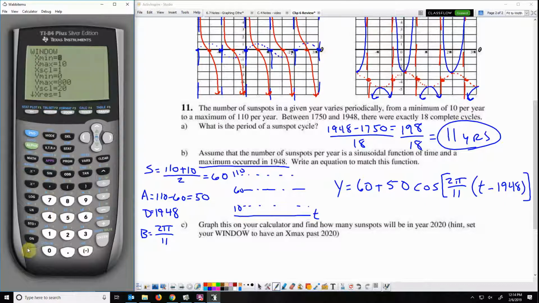For a window, my lowest year, I could set this at maybe 1900.